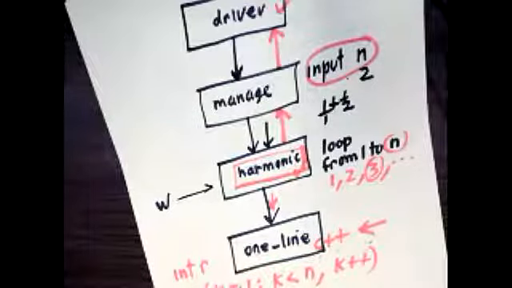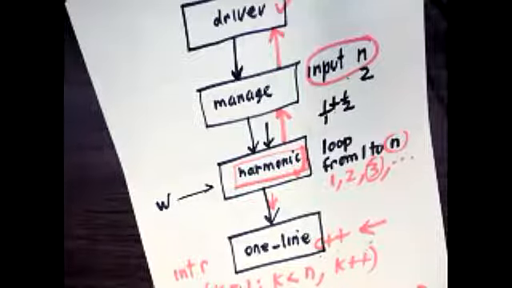If R is 0, then call one line. If it's not, and after that you go on, you have to compute the reciprocal of k and add it to the sum.